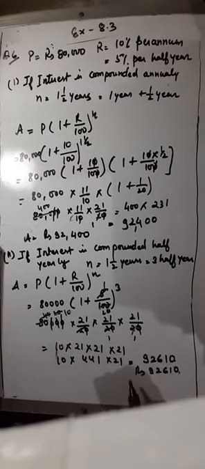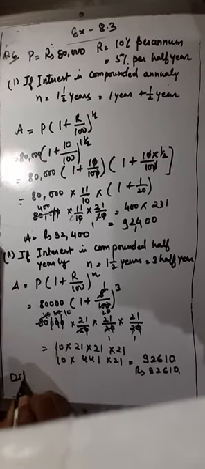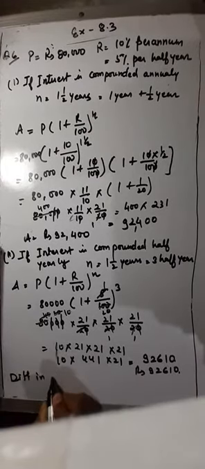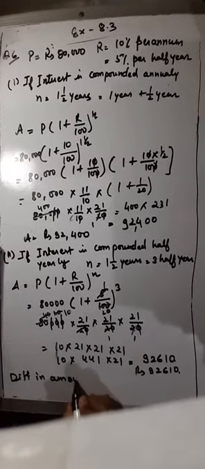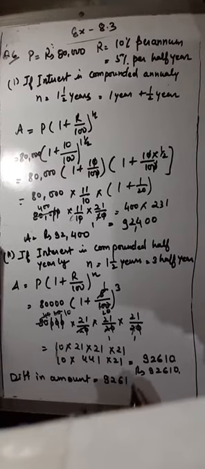Difference in amount is equal to 92,610 minus 92,400 is equal to rupees 210.